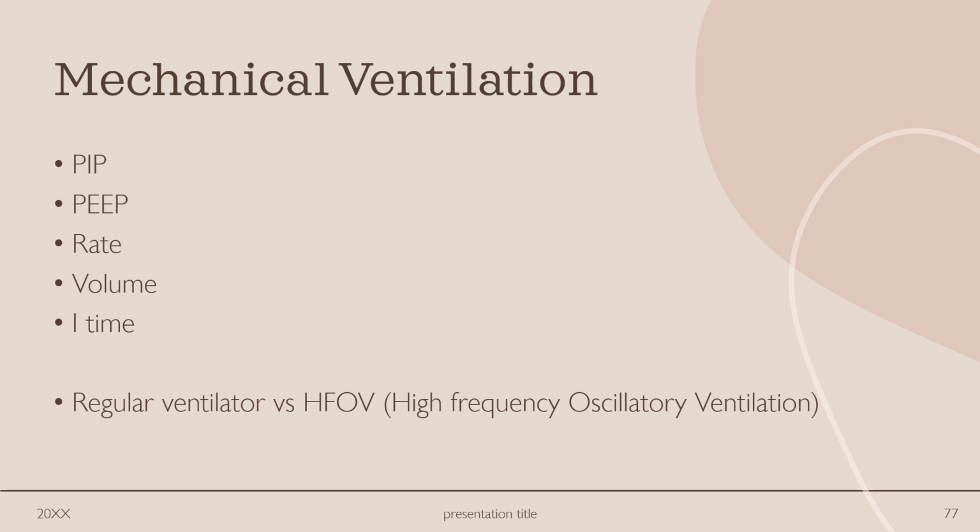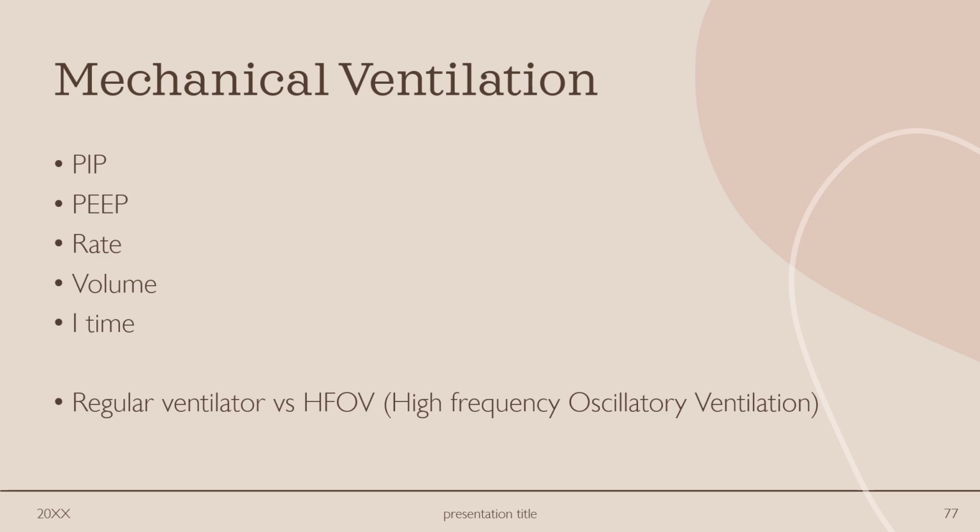And then volume-wise, if you are on pressure regulated volume control, you might set the baby's ventilator to deliver 4 mLs per kilo of volume. Another setting that can be manipulated is I time, or inspiratory time. And I time is shorter than expiratory time, typically 0.3 to 0.35.